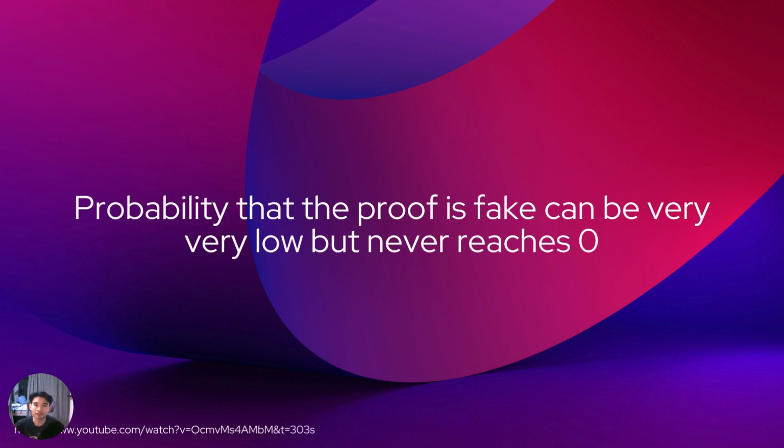It just helps to increase the integrity, but it won't be 100% sure, because the probability of it being fake will never reach zero. It can be very small, but it will never reach zero.